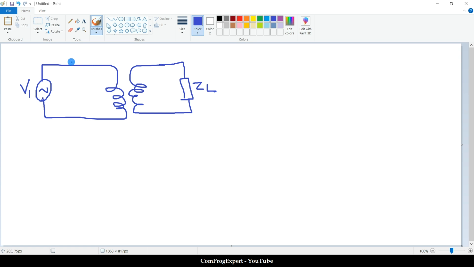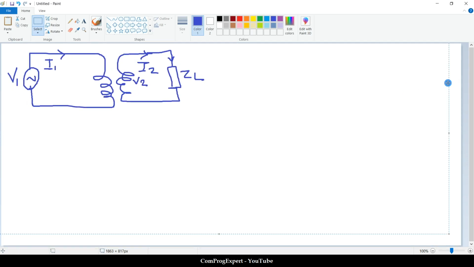So here we have I1, this is I2, and here we have V2. The value of the current I1 in this case must be the same as the value of the I1 for this case. V1, this is I1. I write a star here.